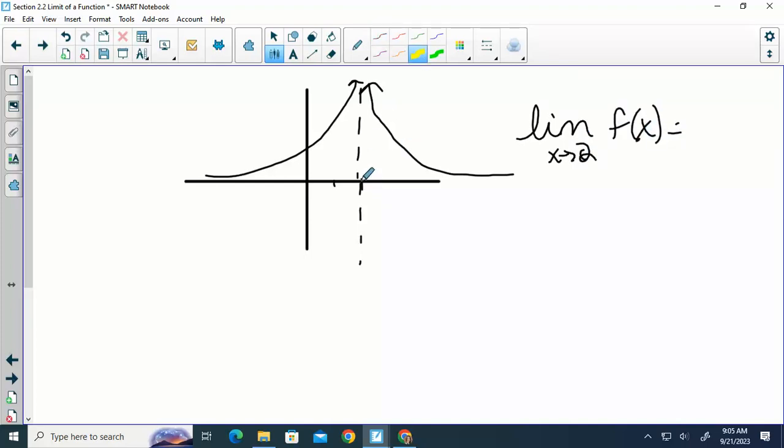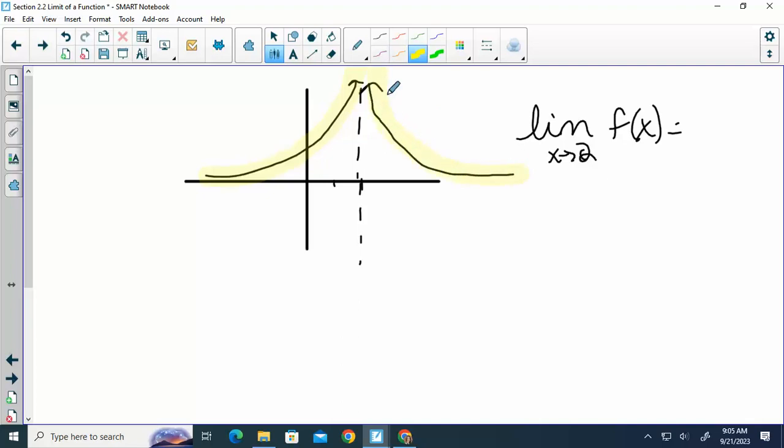You're correct, at 2 the function doesn't exist. But the limit is just, if you are traveling on this function getting closer and closer to 2, what is your y value getting closer and closer to? And the y is just getting larger and larger.